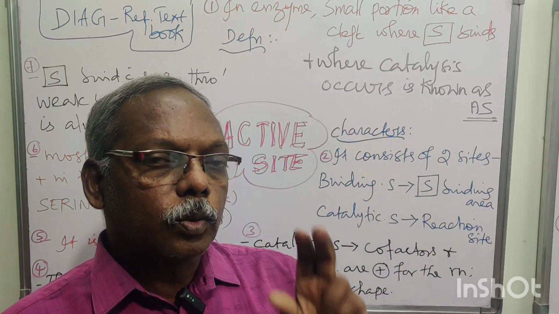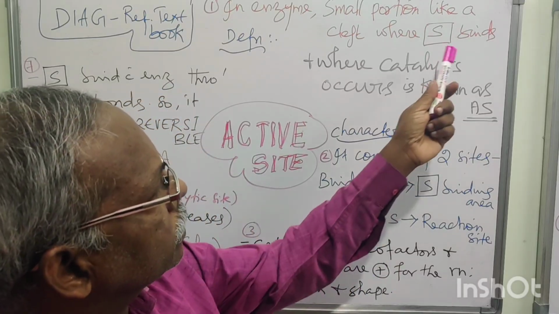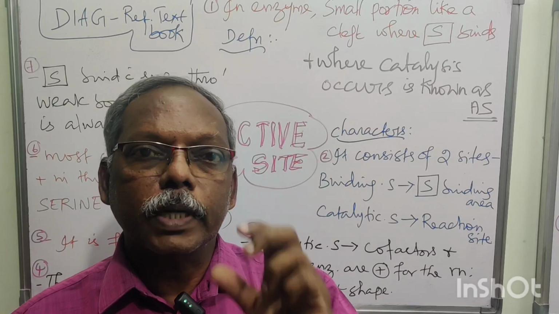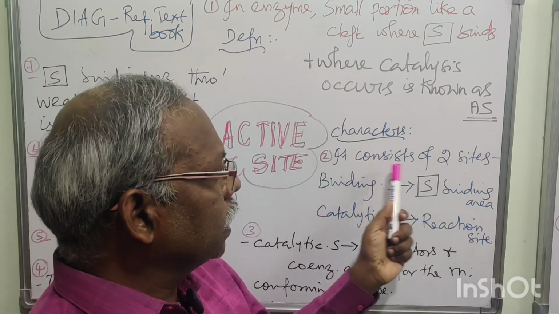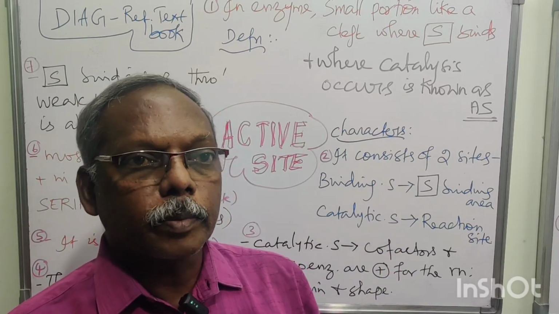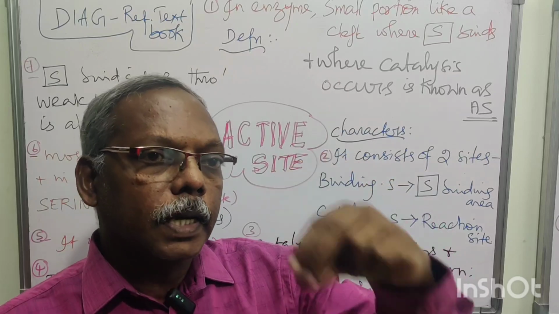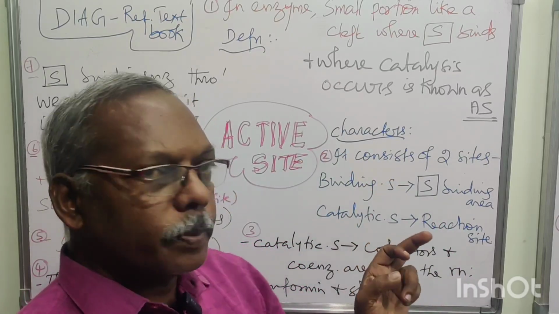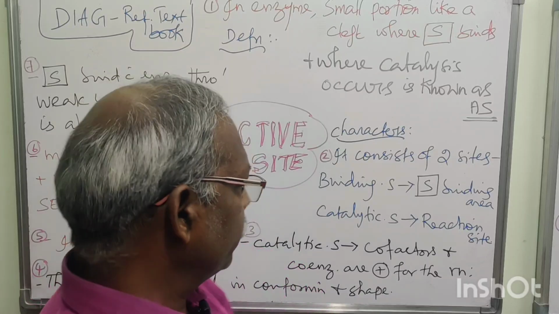An enzyme has two sites, that is the substrate binding site and the catalytic site. So what are the characters? It consists of two sites, the binding site and the catalytic site. Binding site means the substrate comes and attaches to the enzyme part. Catalytic site means the reaction site, where the reaction takes place.